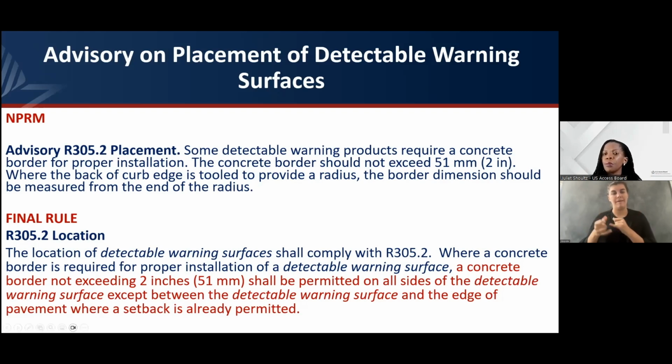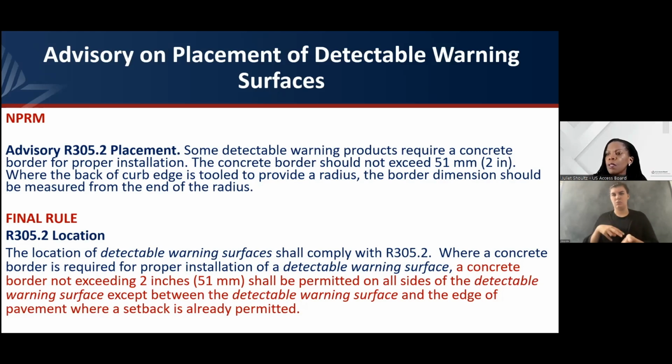In the final rule, we have included that advisory in a provision at 305.2 location, which reads in part, a concrete border not exceeding 2 inches shall be permitted on all sides of the detectable warning surface, except between the detectable warning surface and the edge of the pavement where a setback is already permitted.